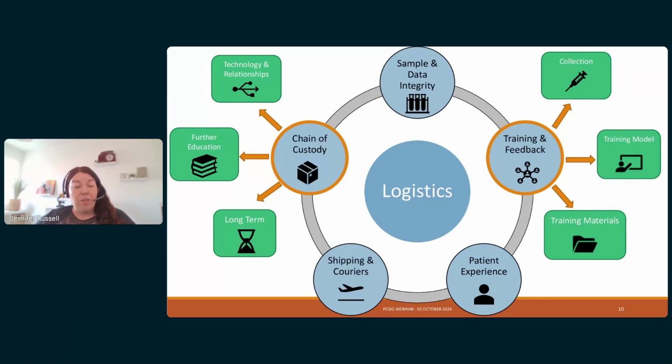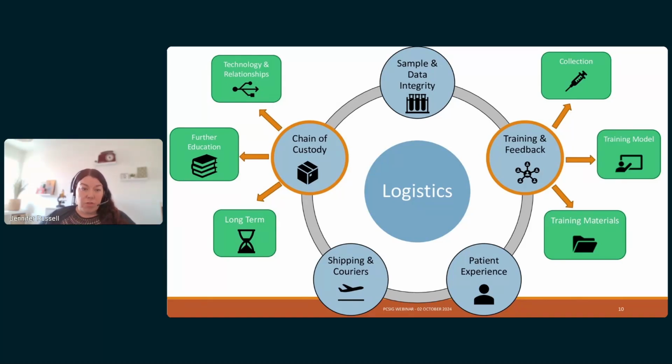With the shipping and couriers, it's how do we ensure patient anonymity and at the same time reduce the patient burden. So minimal sample processing requirements, no complicated packaging or shipping requirements. And then lastly, around the patient experience. So how do we keep the patients comfortable with this different collection method and make it as simple as possible for the patients?